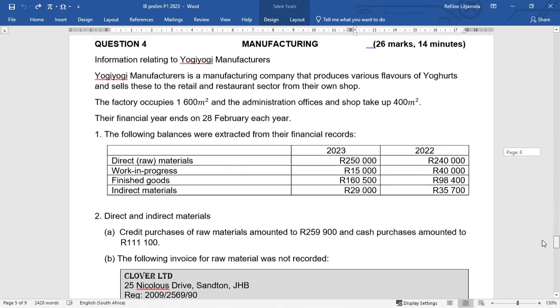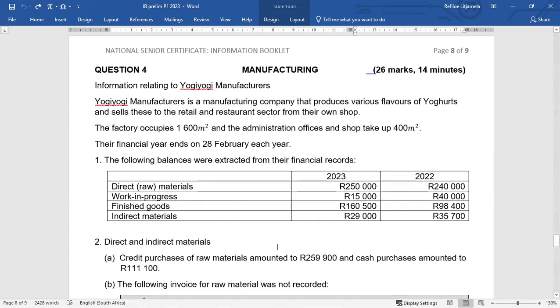I'm just going to give you answers to manufacturing. I'll give you the question. The question, I have already posted it, so look at the description, and that's what it is. And now this is what I will have as a question.